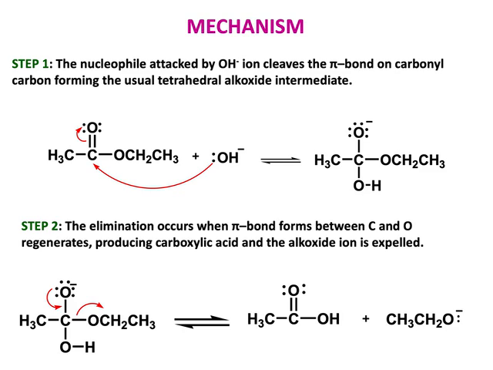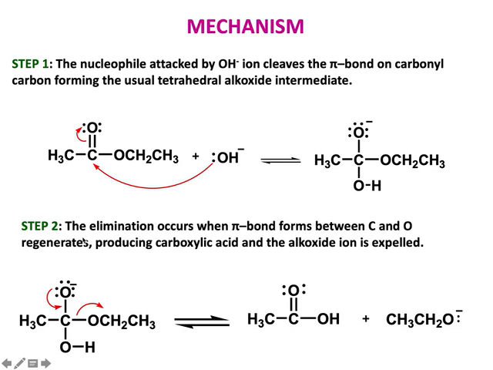But for the basic condition, the nucleophile is OH minus, because OH minus is a strong nucleophile, so this stronger nucleophile will attack on C and cleave the pi bond to form the alkoxide intermediate.